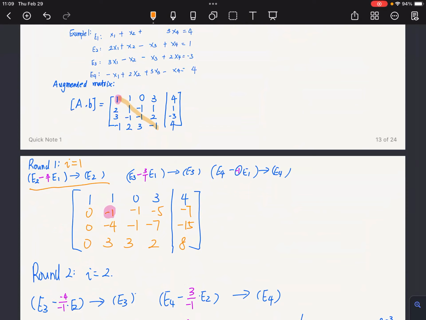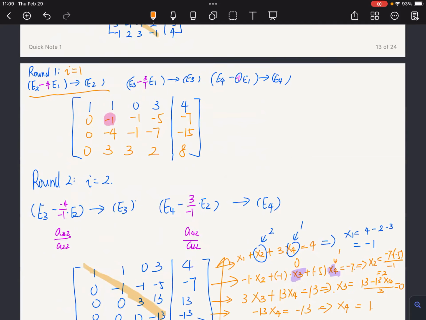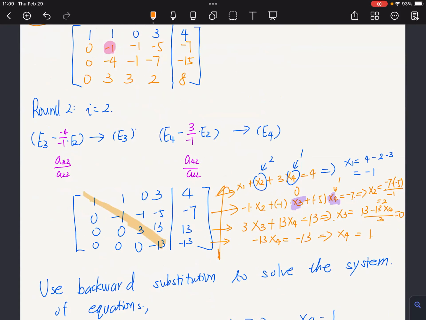You have to multiply each element, and then do the row changes. What about i equals 2? Now this entry is totally 0, so what we need to do is multiply these elements, excluding the first one, right?